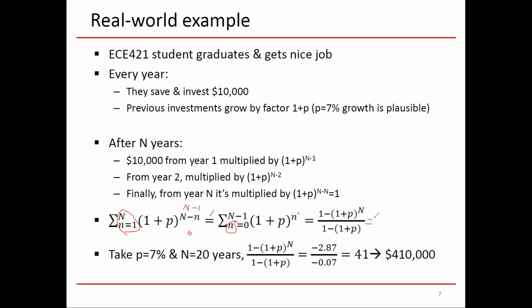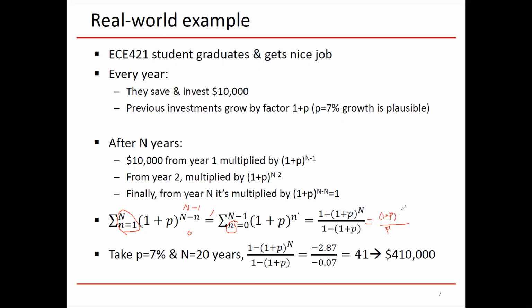Recall that 1 minus 1 plus p is negative p in the denominator. And in the numerator, we have 1 minus 1 plus p to the power of capital N. But now recall, I can multiply both sides by minus 1. So we get p in the denominator. And in the numerator, we get 1 plus p to the power of N.